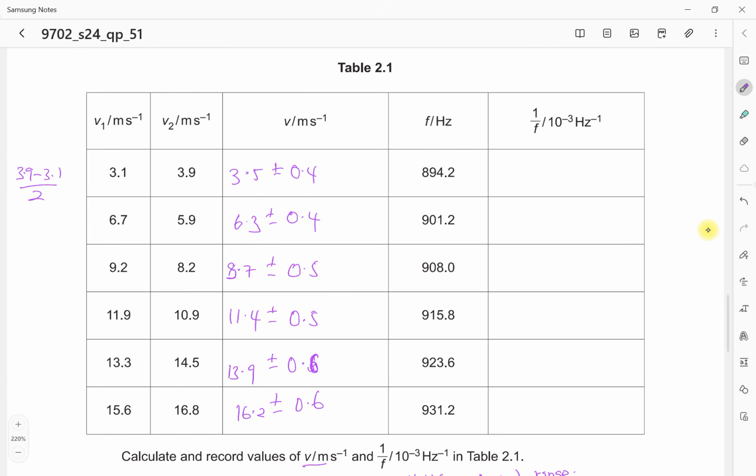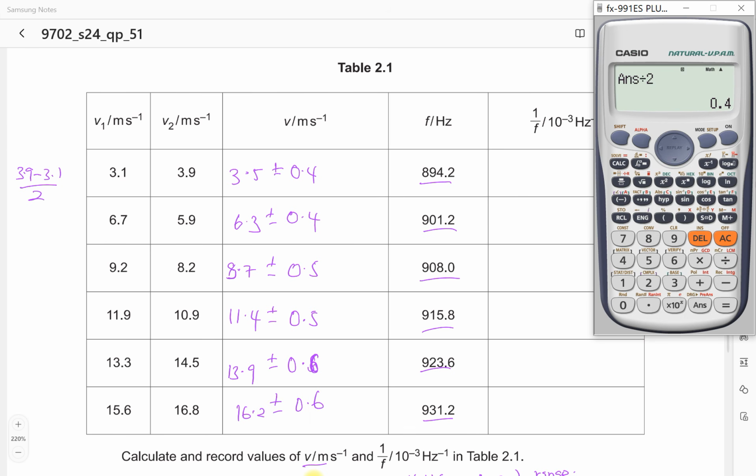Okay, so let's find 1 over f. Because these values are 4 significant figures, when I get 1 over f, I'm going to maintain the number of significant figures. The easiest is to maintain the number of significant figures, but the rule allows you to increase it. So I will maintain 4 significant figures or more, but not less than 4.